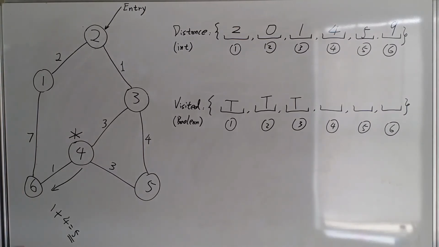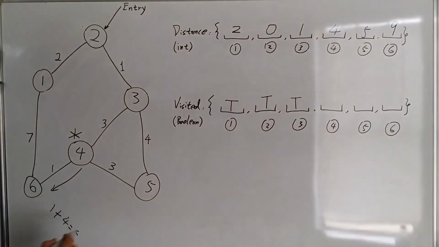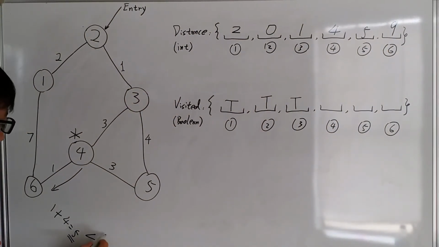Okay, here's the problem, pay attention. So the 5 is smaller than the previous distance, 9. And then we're going to update 9 to 5.